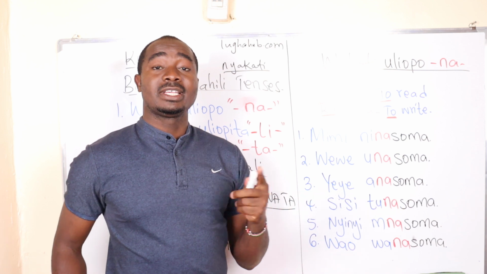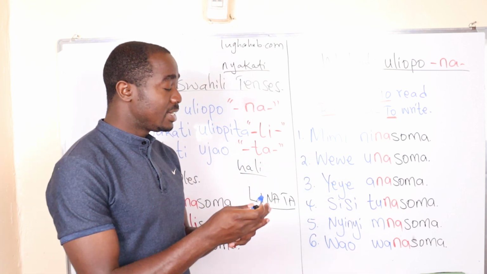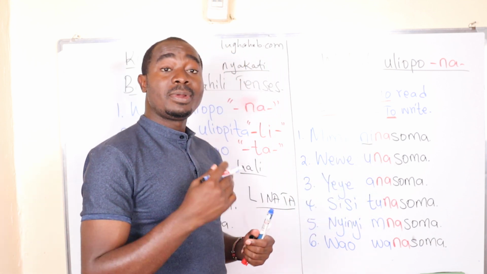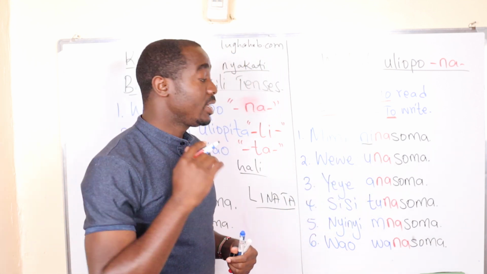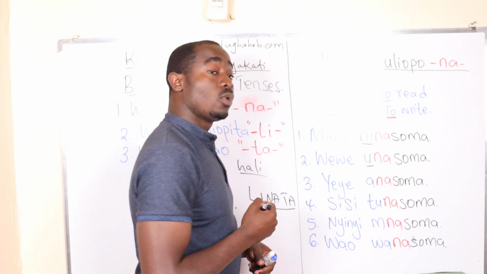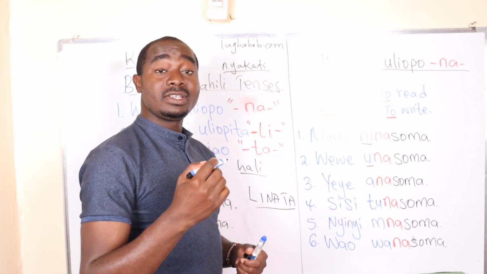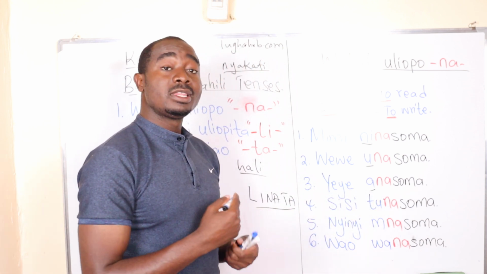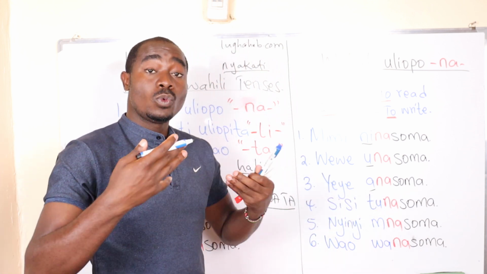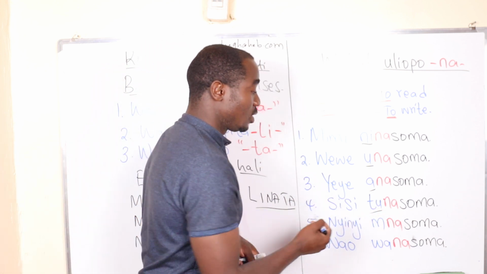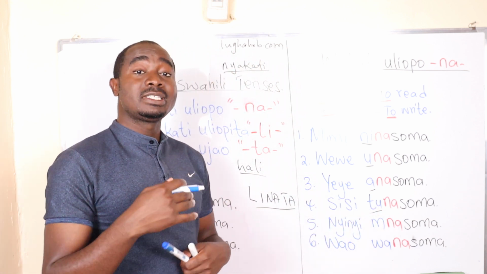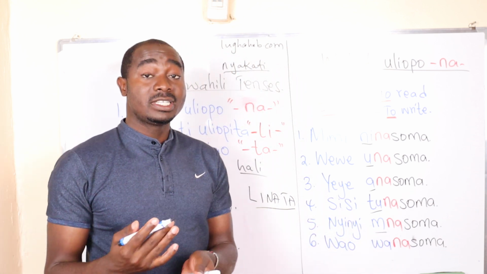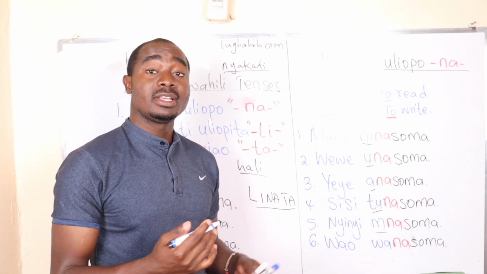The prefix that is representing mimi is ni. The prefix that represents wewe is u. The prefix that represents yeye is a. The prefix that represents sisi, we, is tu. The prefix that represents nyinyi is m. The prefix that represents wao, they, is wa.